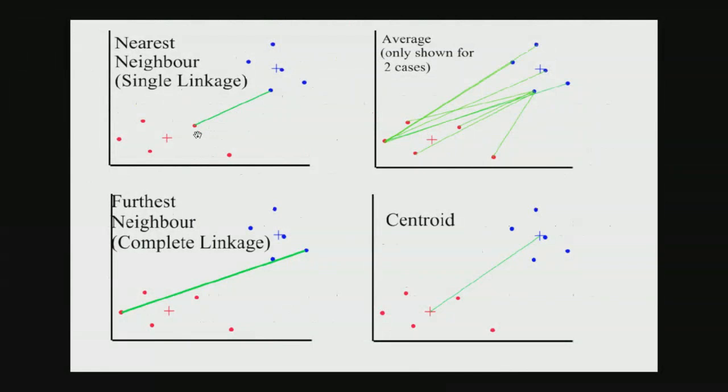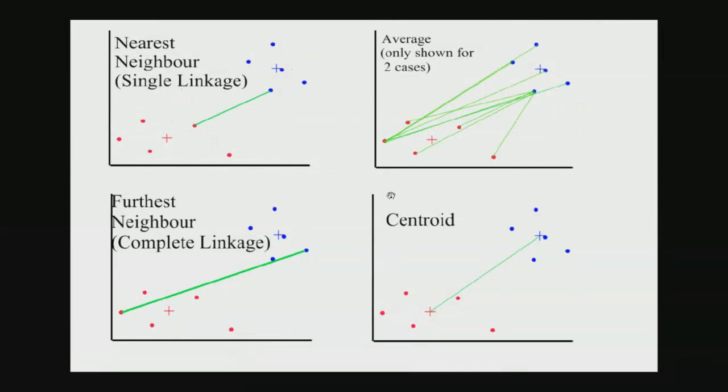The distance itself also comes with different definitions. We have the Euclidean distance, we have the Manhattan distance, we can have 1 minus the Pearson correlation. So this is how you actually calculate the distance, and this is how you define the distance between the two clusters.